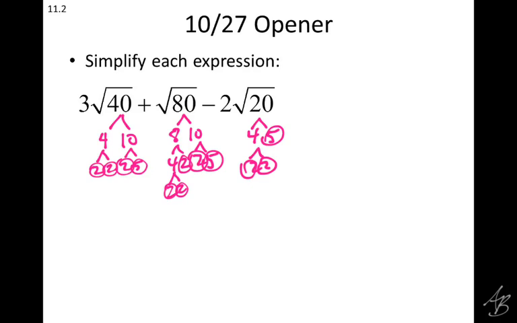Alright, and since we are keeping these factors separate, since we're not putting them all together in one square root, it's important that we know which factor trees are which. Don't start mixing them up, so we need to keep those separate.